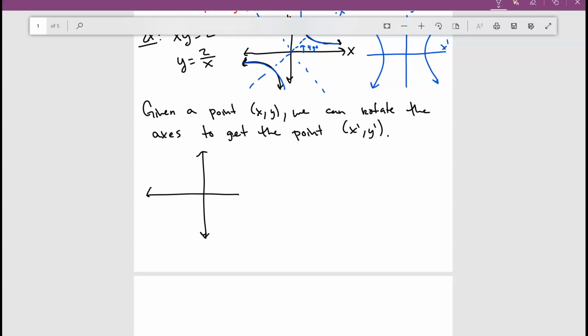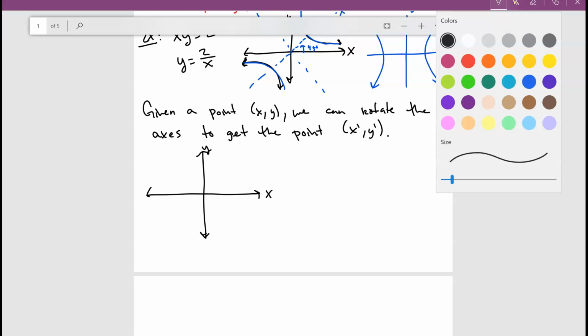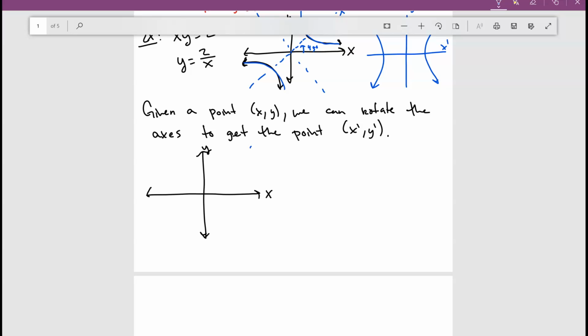So let's say we start off with our x and y plane, and then we're going to have our x prime and y prime plane. Here's x prime and here's y prime, rotated at a particular angle. So we're going to look at this point x prime, y prime. I'm going to write it over here so that you can see what exactly is going on.